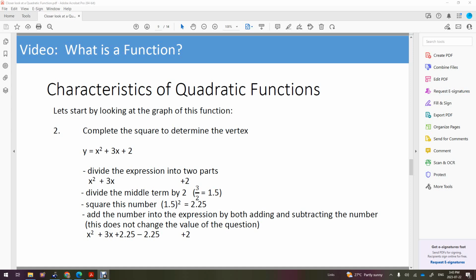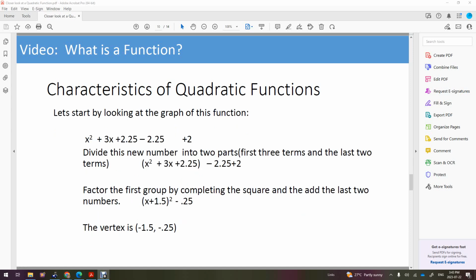Since we cannot change the value of the expression, we add this value into the expression by adding and subtracting the number. So you can see now I have taken the plus 2.25 and negative 2.25, and I've inserted them into the expression.